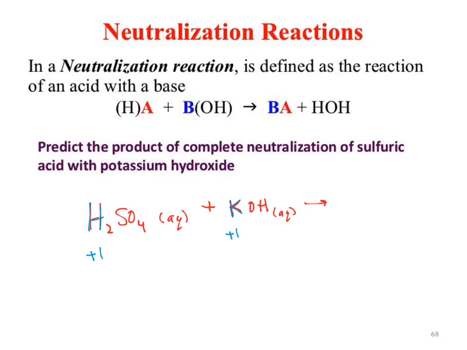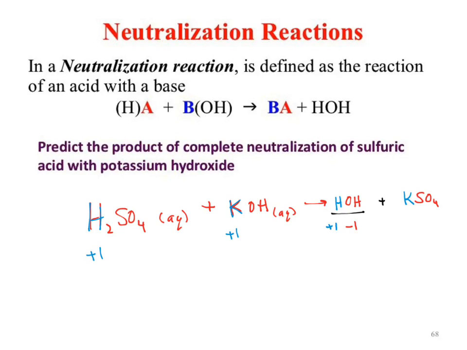The result becomes HOH plus KSO4. Is HOH a proper formula? What is the charge on hydrogen? A +1. What is the charge on hydroxide? -1.